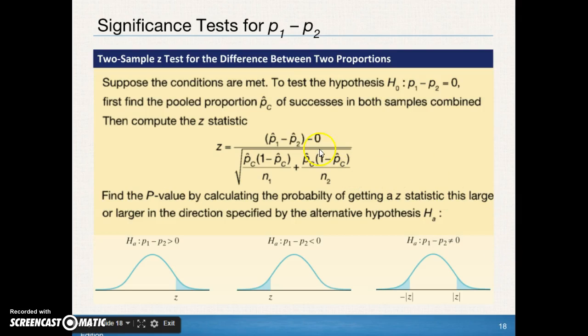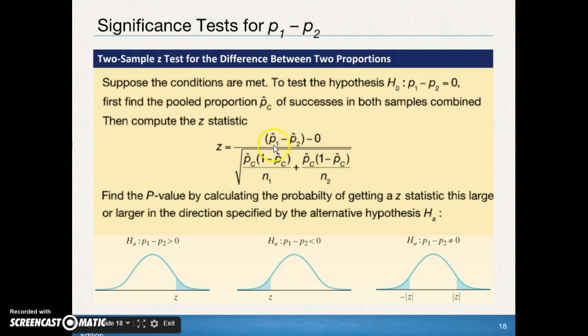So here's what the formula again looks like. Again, we always suppose that the null equals 0. There's no difference. We want to find that combined proportion, successes from both samples, and then we're going to calculate our test statistic. And in the case of a proportion, it's a z.